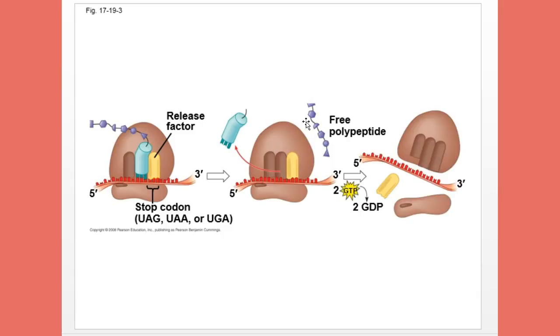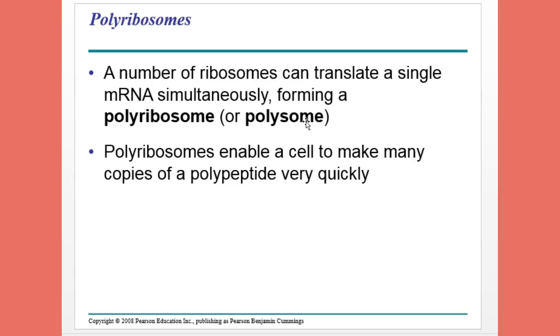And in your third step, your two ribosomal subunits and the other components of the assembly dissociate. So everything comes apart. Once your polypeptide chain has been released, the rest of the assembly comes apart, ready to go on to the next thing. Okay? So polyribosomes.